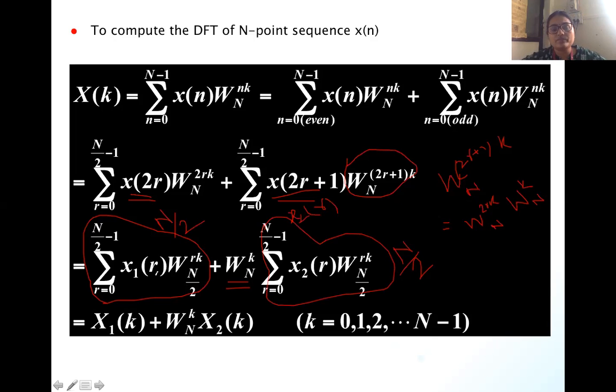So this is the formula in terms of DFT values: X1 of k plus W raised to k suffix N times X2 of k.